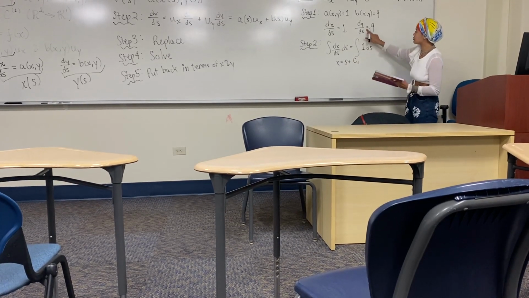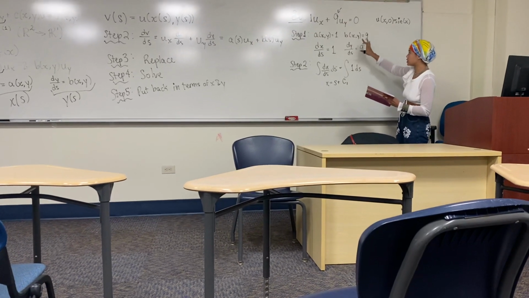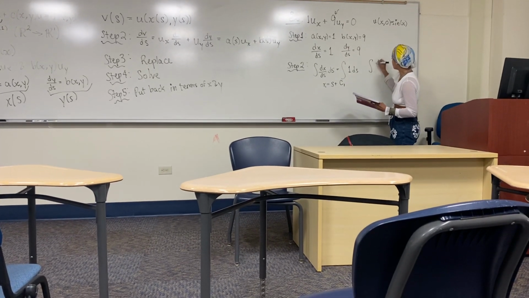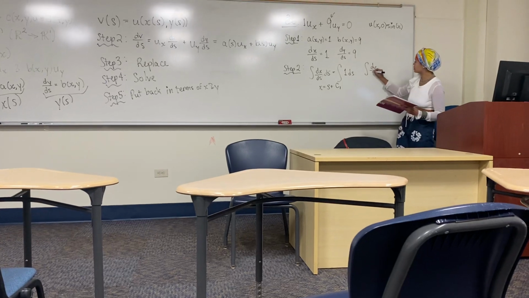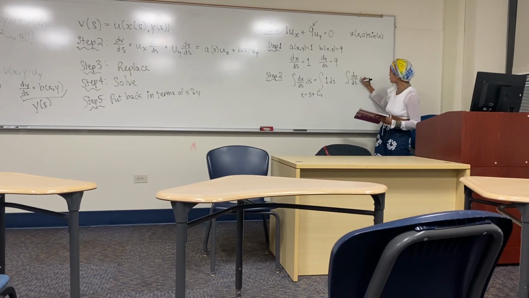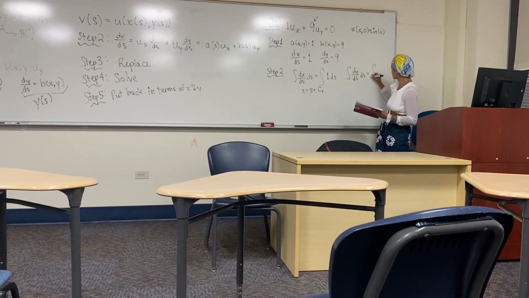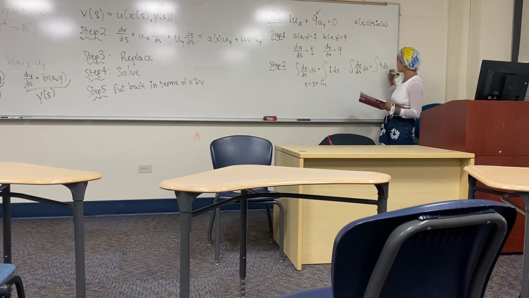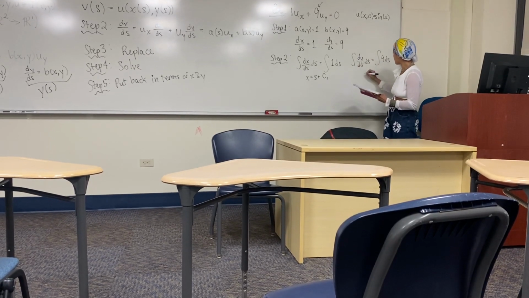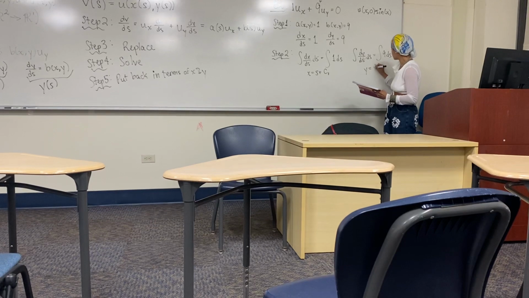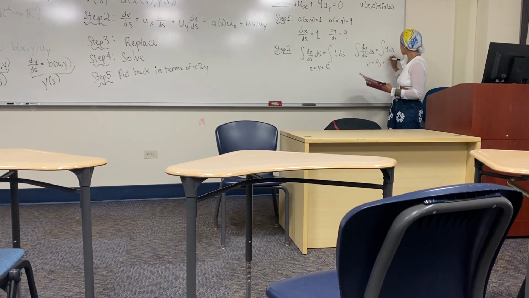Now we're going to do the same thing with this other ODE we just found. So we end up with dy equals 9 ds, okay? Cross these out. y equals 9s plus some constant.